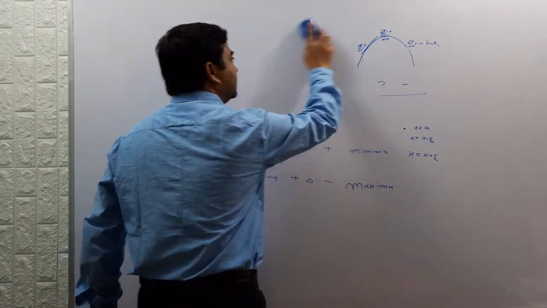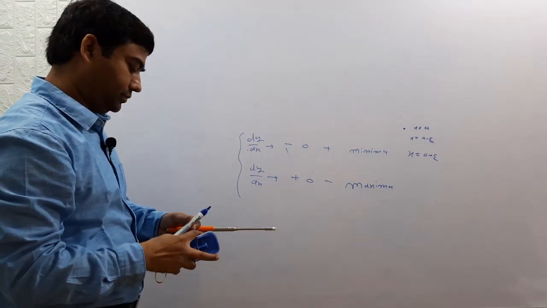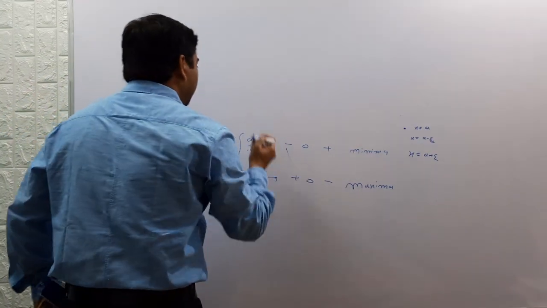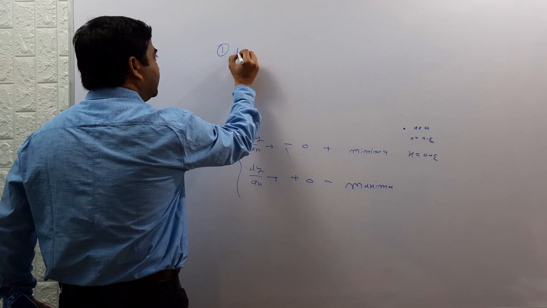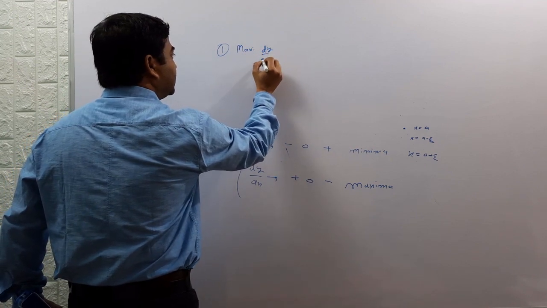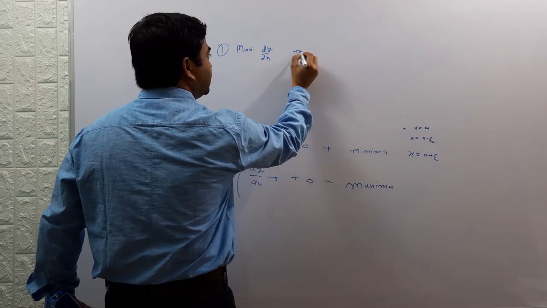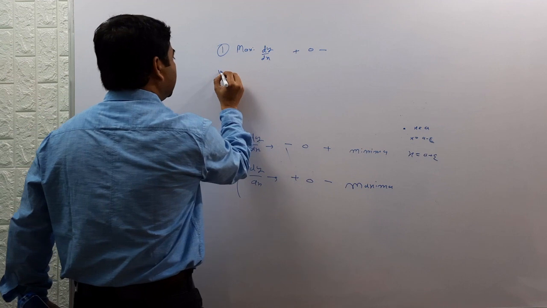For maxima, dy over dx changes from plus, 0, minus.